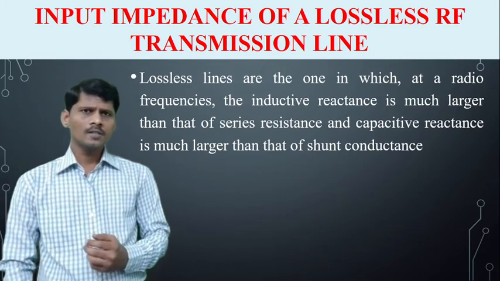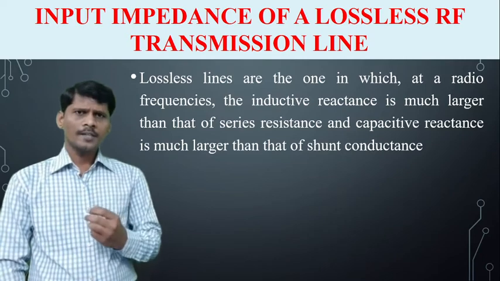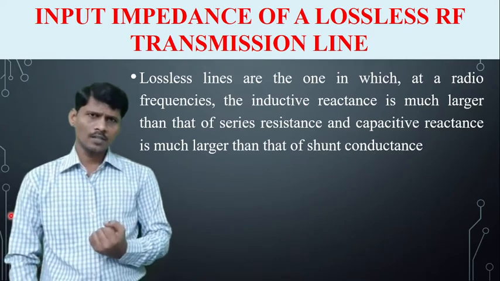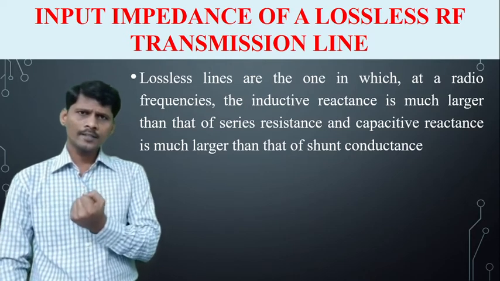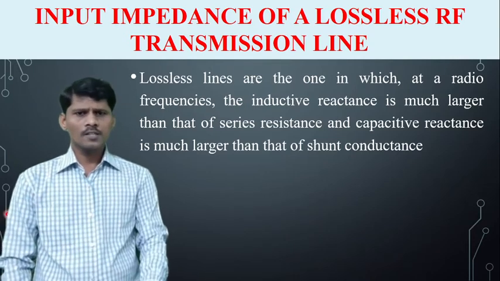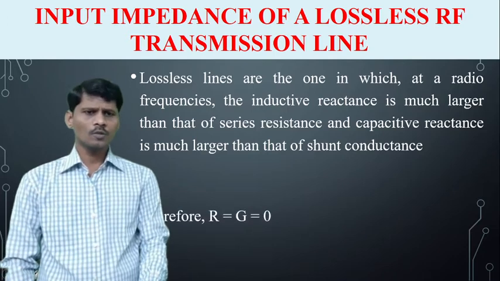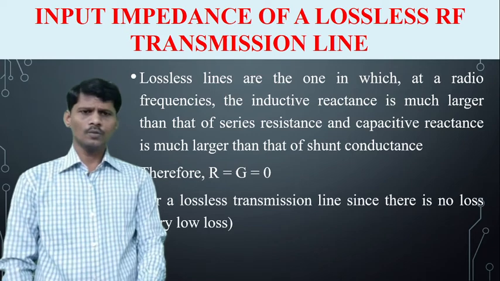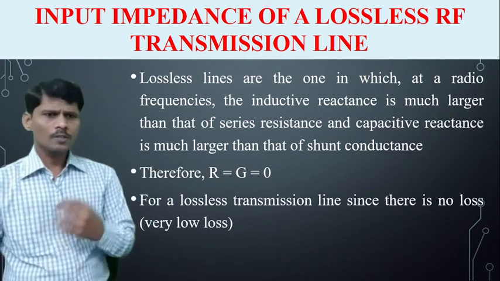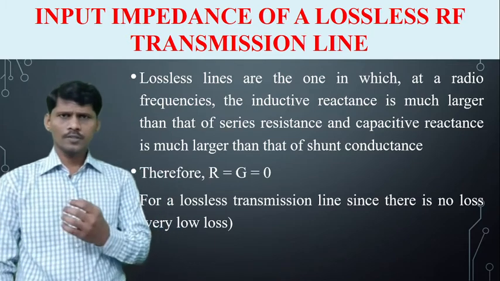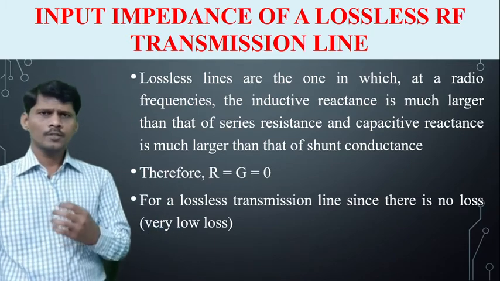So at radio frequencies there is no resistance and no conductance compared to the inductive and capacitive reactance. That is, R is equal to 0 and G is equal to 0. Lossless transmission line means there is no loss.